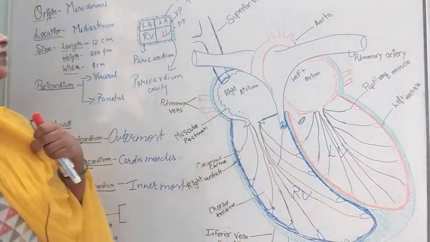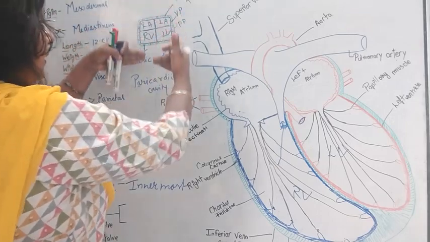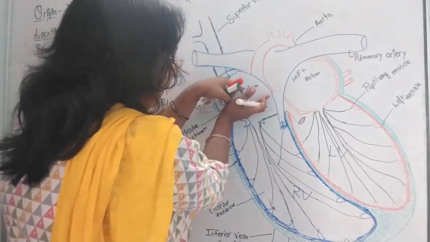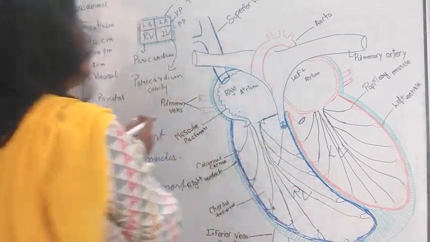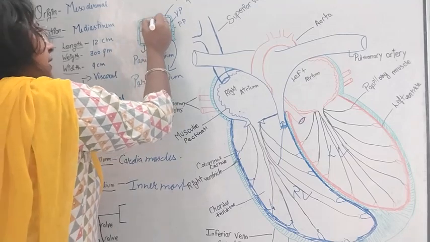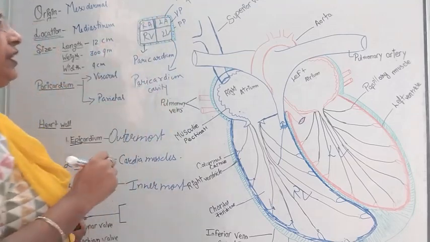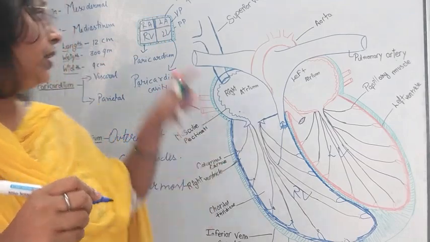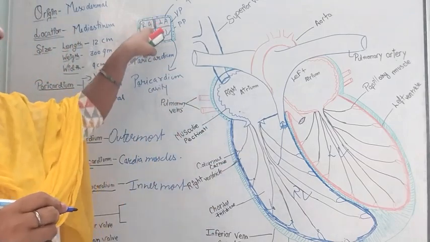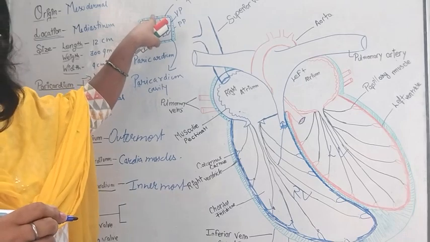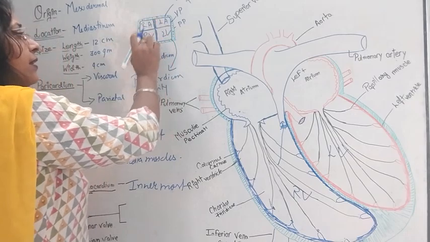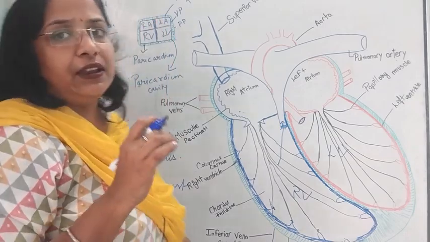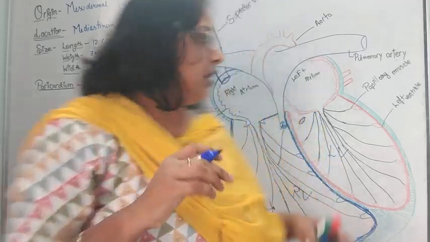Okay students, as we see, the uppermost chambers are smaller compared to the lowermost chambers. The separation between the right and left atrium is by interatrial muscles, and the separation between the right ventricle and left ventricle is by interventricular muscles.